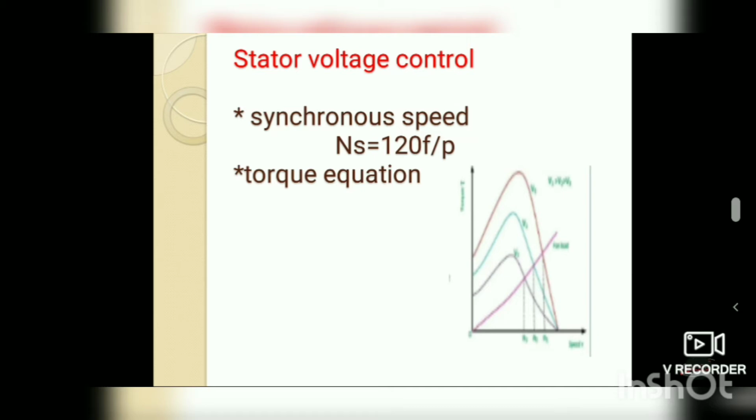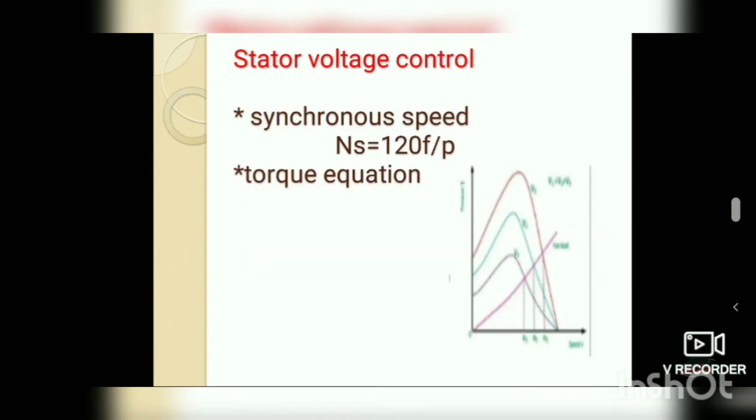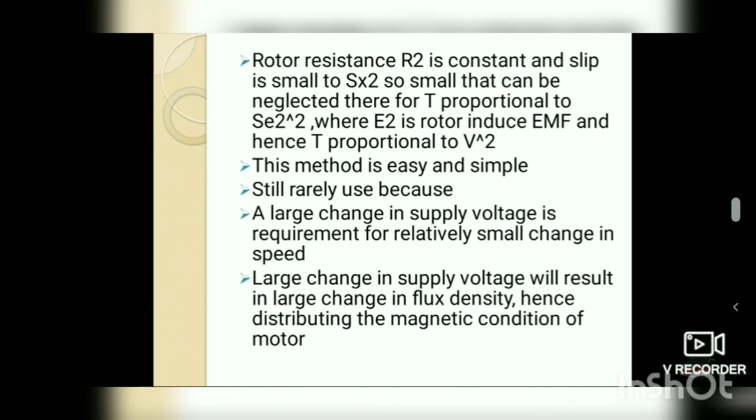In the torque equation, T is directly proportional to the square of the voltage. The given chart is also shown in the figure. Here the rotor resistance R2 is constant and the slip is small, so s X2 is so small that it can be neglected.